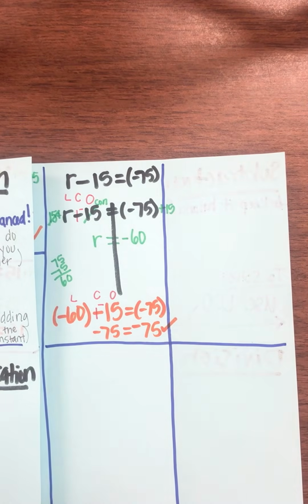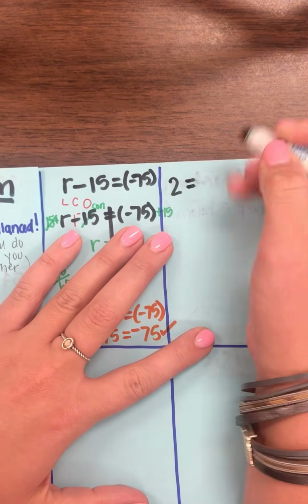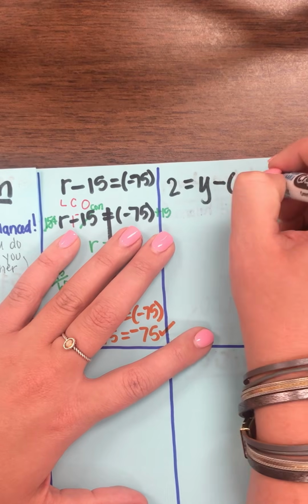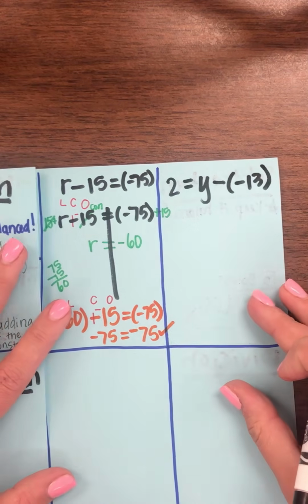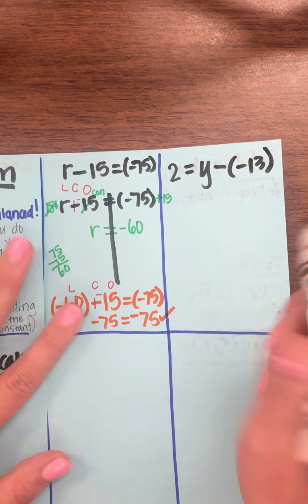Okay? All right, let's do another example, one more subtraction example, and then we'll go to multiplication and division. So 2 equals y minus negative 13. I'm gonna leave the original problem.